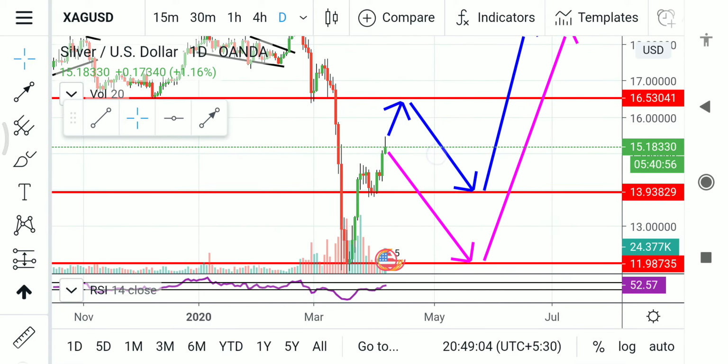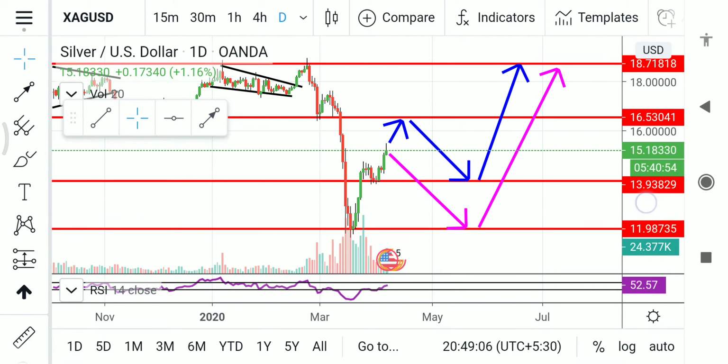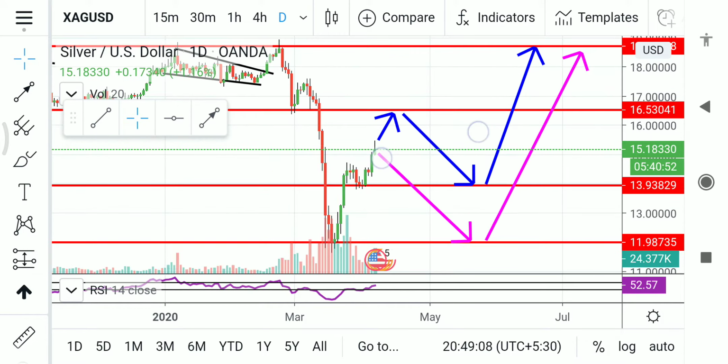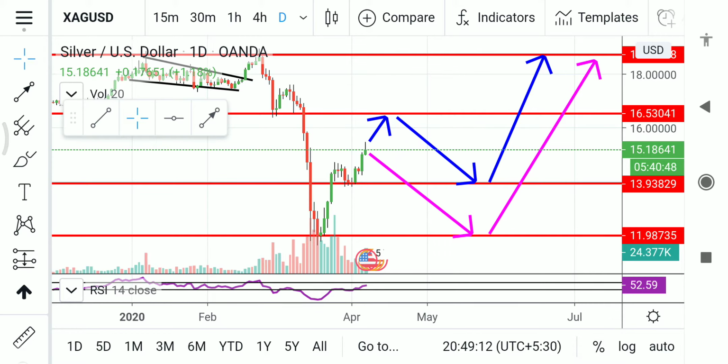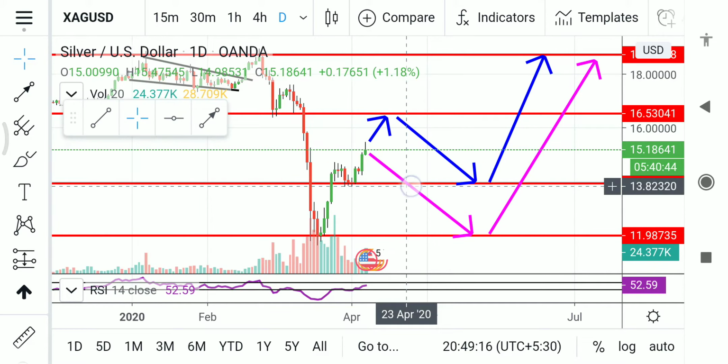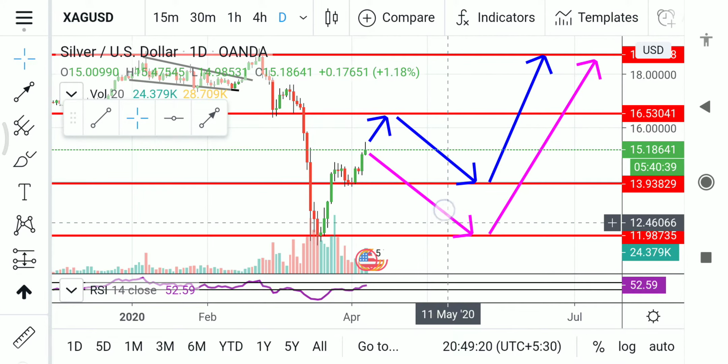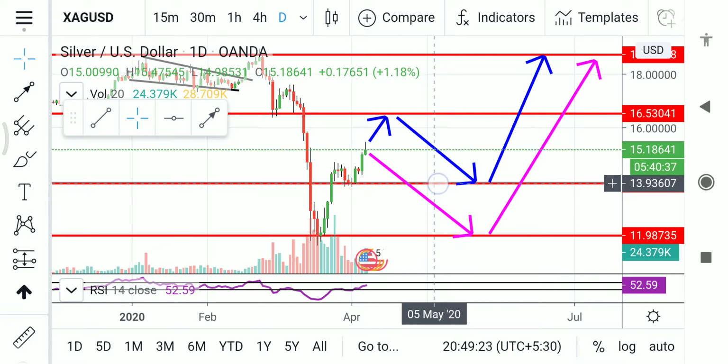So trade cautiously. If you are trading multiple lots, or have the capacity to trade multiple lots, you can add when it gives a small retracement. If it comes to 12, buy at 12. If it comes to 13, add one lot here.